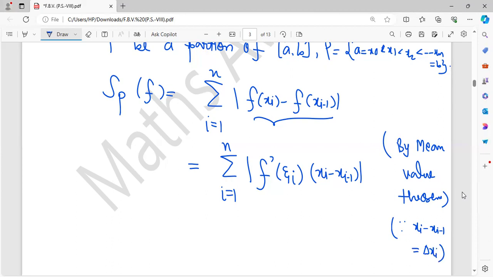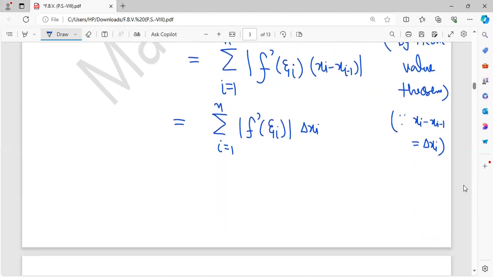So what I get is the summation i from 1 to n of the absolute value of f dash at ξi times delta xi. Since xi is greater than xi minus 1, taking the absolute value of delta xi will not affect anything. Let's call this equation number 1.